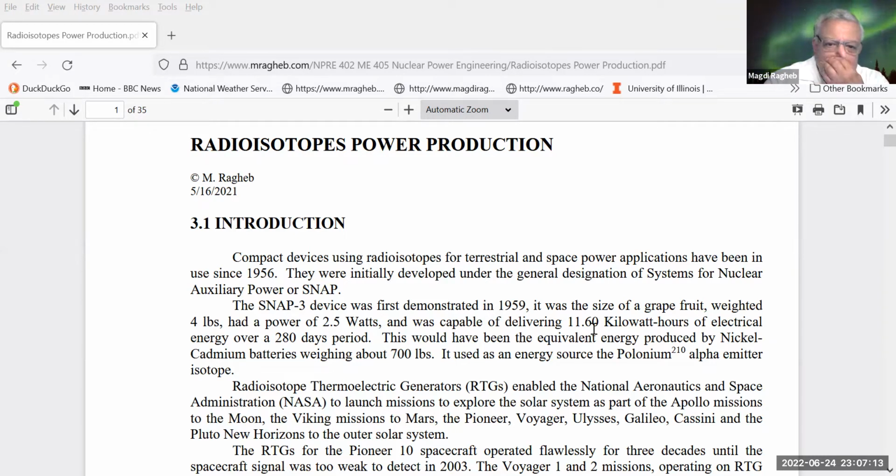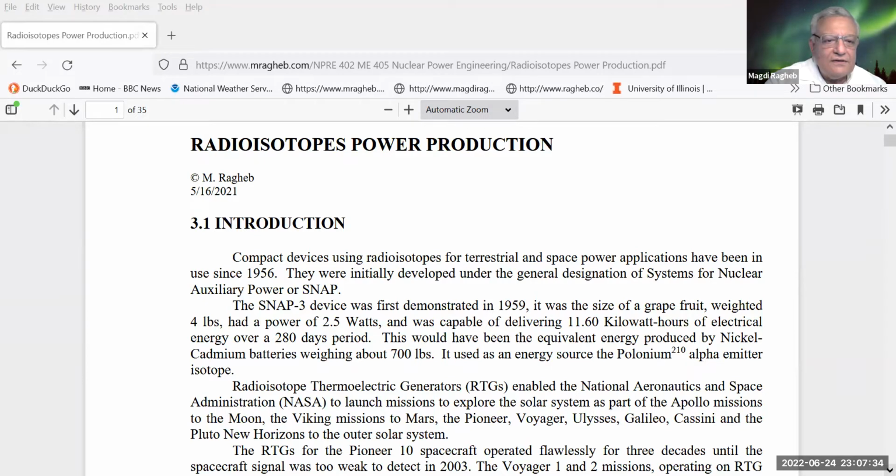It provided a total of energy of 11.6 kilowatt hours when the heat energy from the alpha emitter was converted into electrical power, and it operated over a 280 days period.